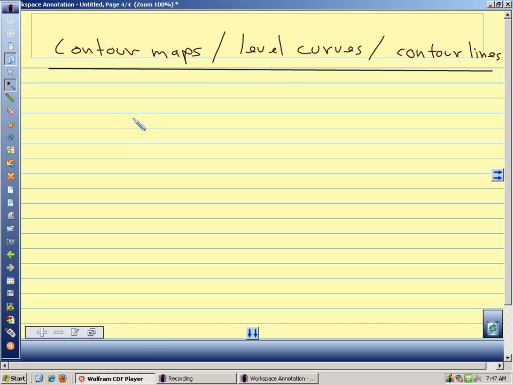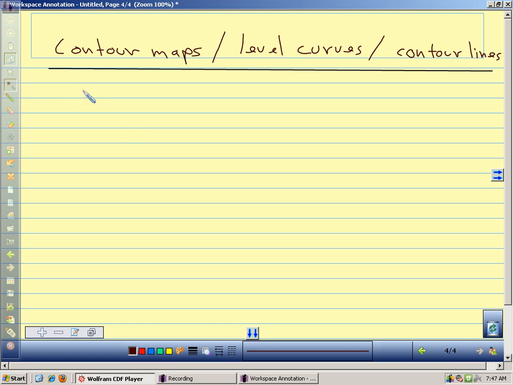To get an idea of what the surface looks like, we sketch curves f of xy equals a constant, for different values of the constant. An example is a topographical map where each line represents a constant elevation, and based on how the lines are spaced on your map, you can get an idea of what the terrain looks like.